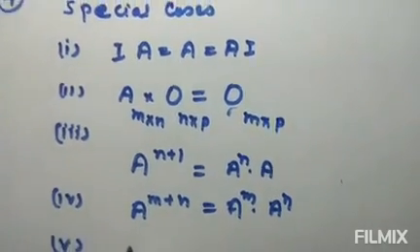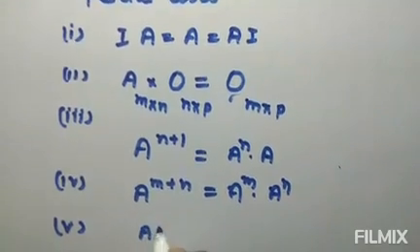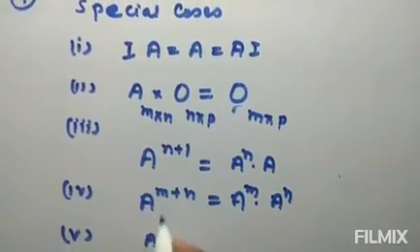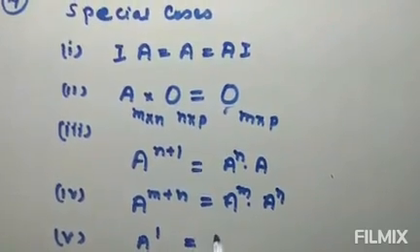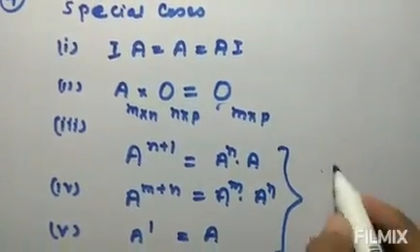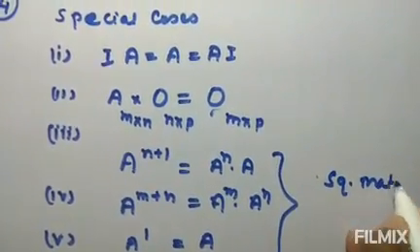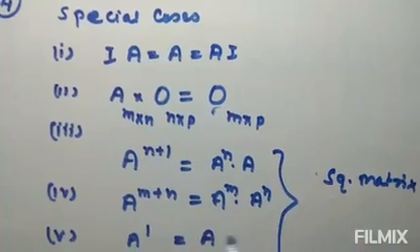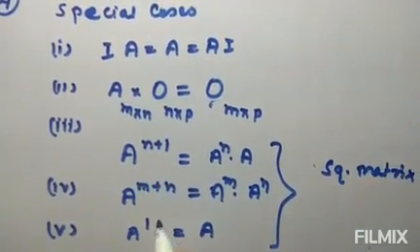And last one, A power 1 is also equals to A. Here these three properties are only for square matrix, or it is used in induction method for solving the matrix problems.